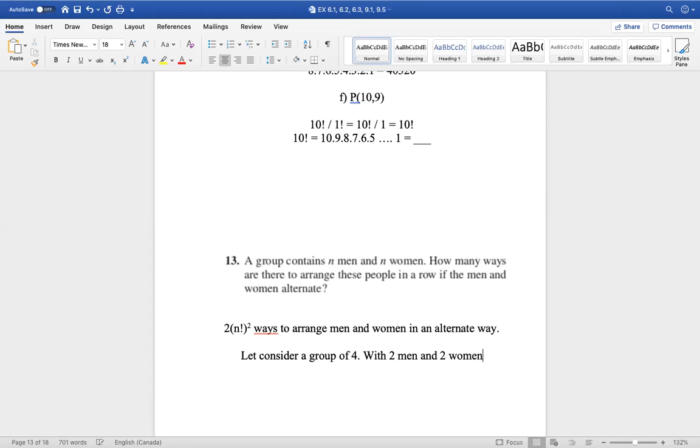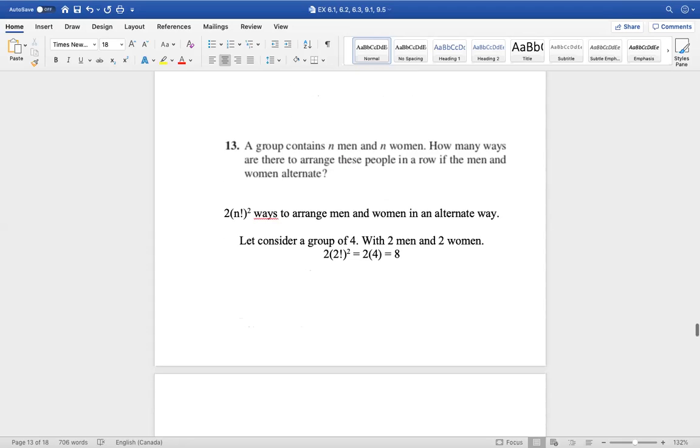According to the equation, 2n is the total number of people, so we have n factorial, two men and two women, so 2 factorial to the power of 2. 2 to the power of 2 will be 4, so this is going to be 8. So there are 8 ways in which we can arrange.